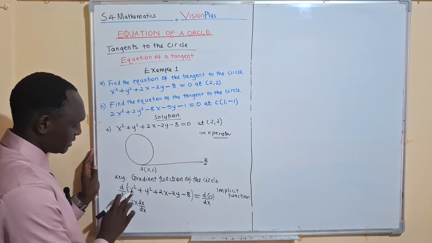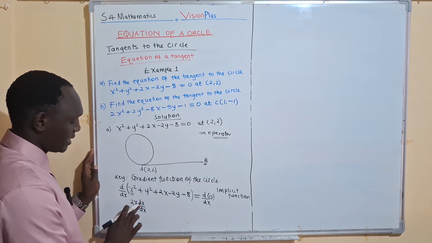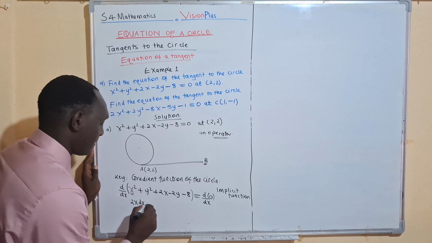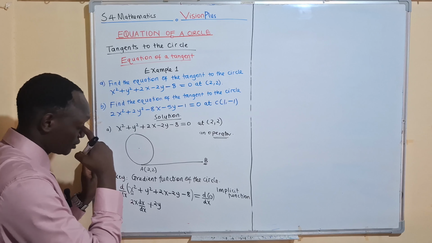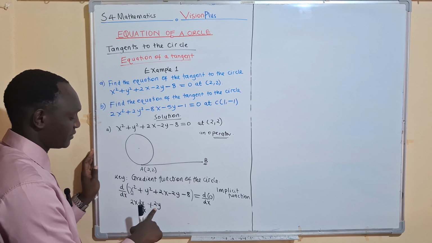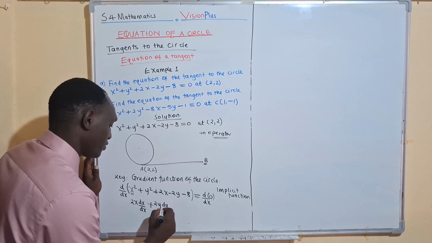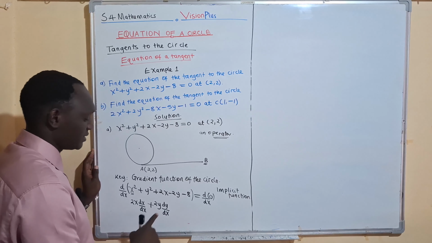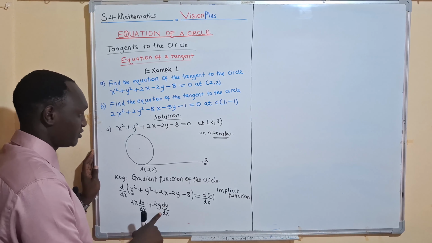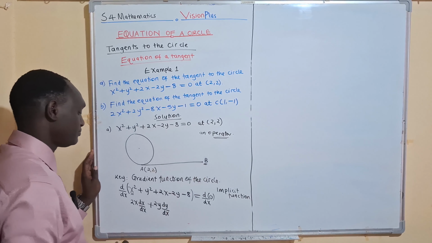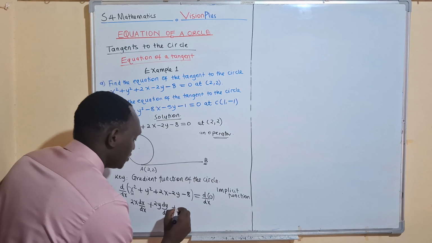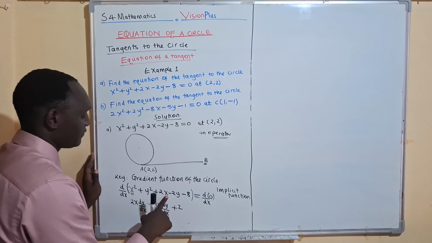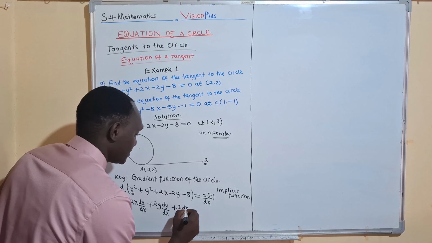So we have differentiated x squared, it gives us 2x, and it was a function in x, so we say dx over dx. Plus, if we differentiate y squared, it gives us 2y. We have differentiated y, so we say dy over dx, which is dy dx. It is not division, but an operator. Plus, if you differentiate 2x, you get 2, and we say dx dx.